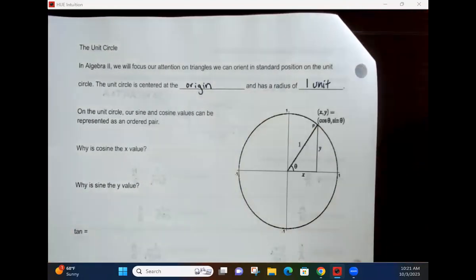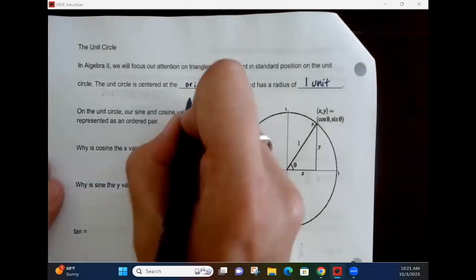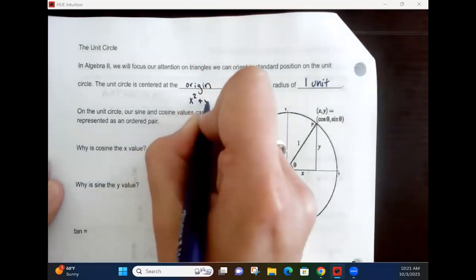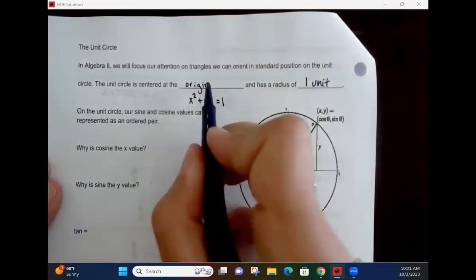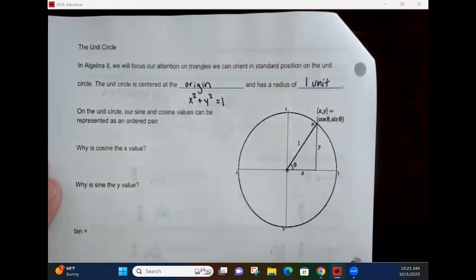That's why it's called the unit circle, because its radius is 1 unit. If I were to think about the equation of this circle, you guys do equations of circles in geometry? Probably like 100 years ago, but you did. The equation of this circle would be x squared plus y squared equals 1, because the center is at the origin, and the radius is 1.